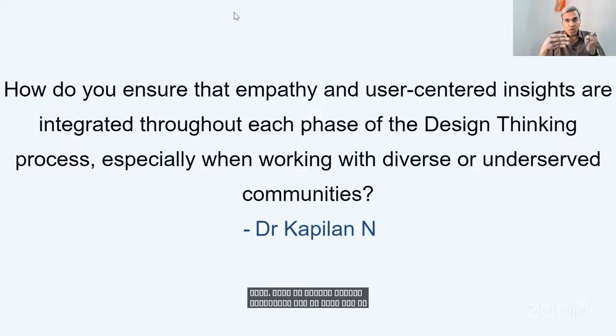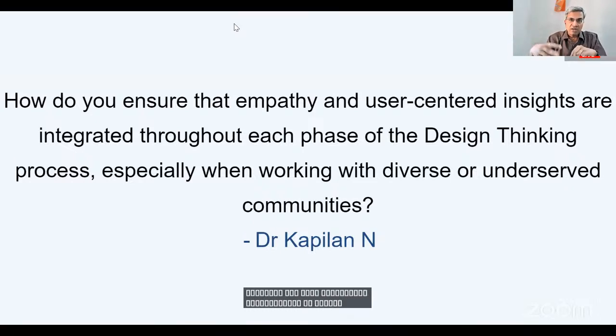If you remain only user centric all through, then there's a severe pitfall, because you're absolutely neglecting the others involved in this value chain. You will have to look at the others' point of view as well: the maintenance person, the person who's selling it, the person who's helping out, the training person. All of those points of view also have to be taken into account in the second stage.